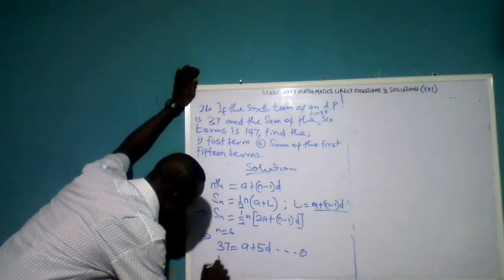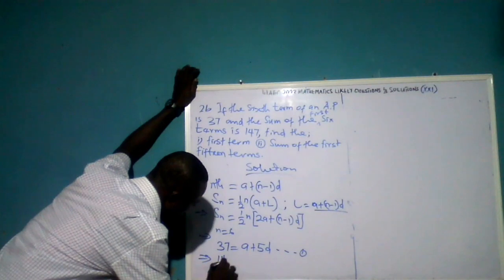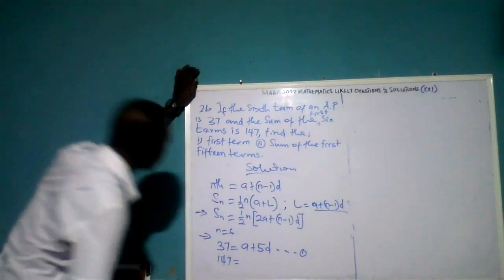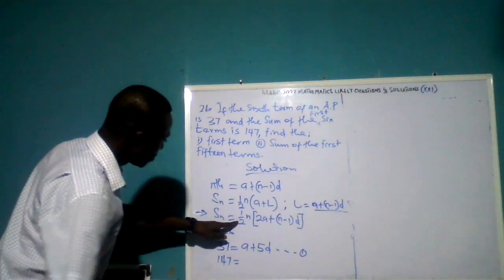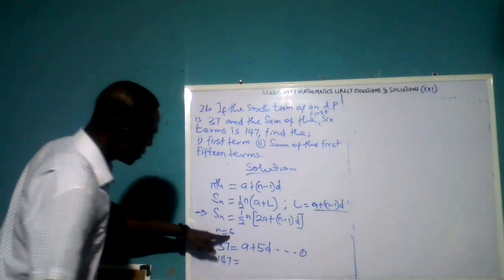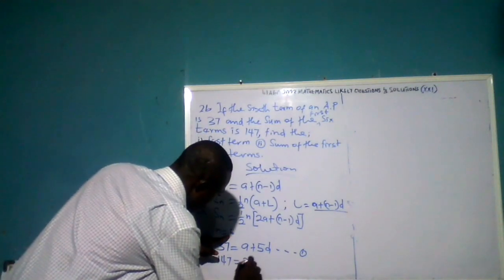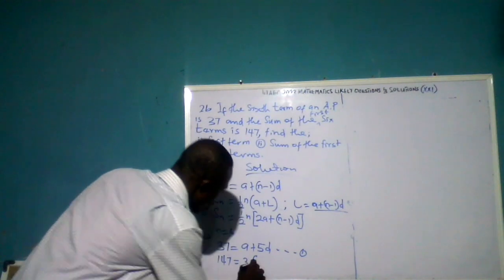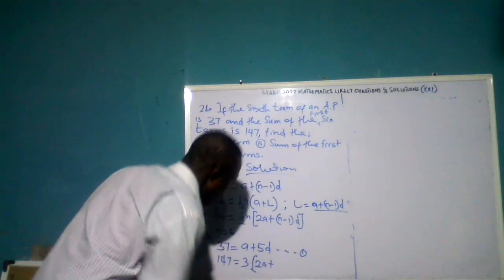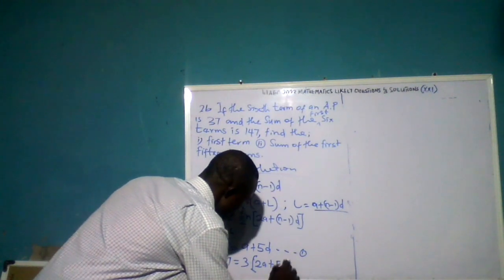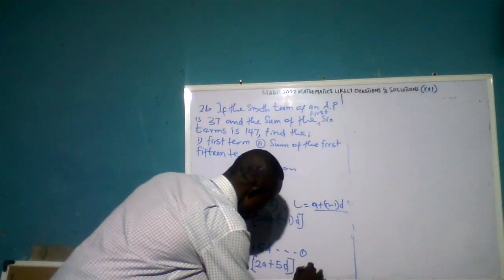That implies that 147 is equal to half of n, and what's our n? Our n is 6. Half of 6 will be 3, open brackets, 2a plus n minus 1, that would be 5, that would be 5d. Call this equation 2.